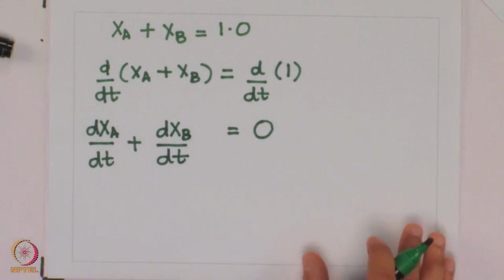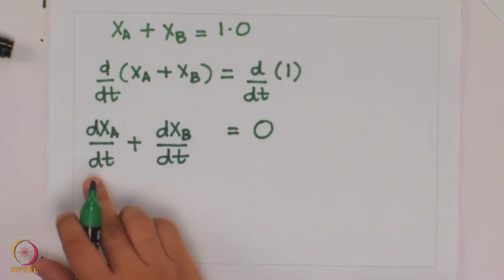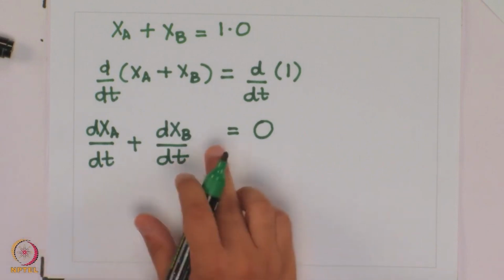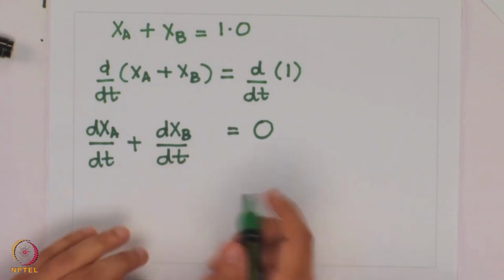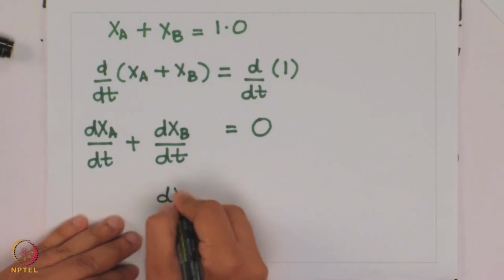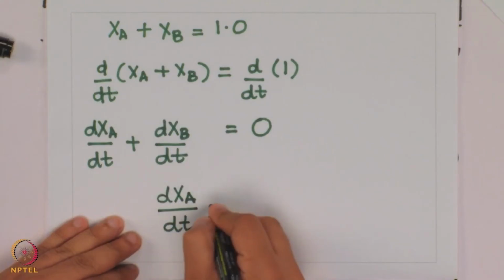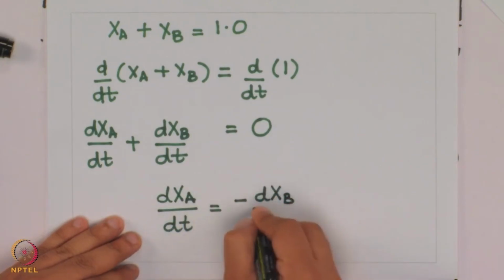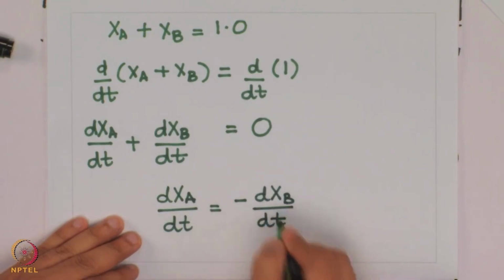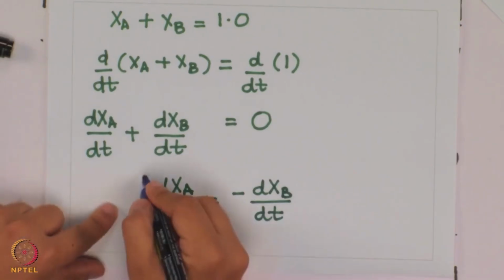This again is a very important result, because what this tells me is that the rate of change of Xa with time plus the rate of change of Xb with time is equal to 0. In other words, I can write this as dXa by dt equals minus dXb by dt. This is an important result here.